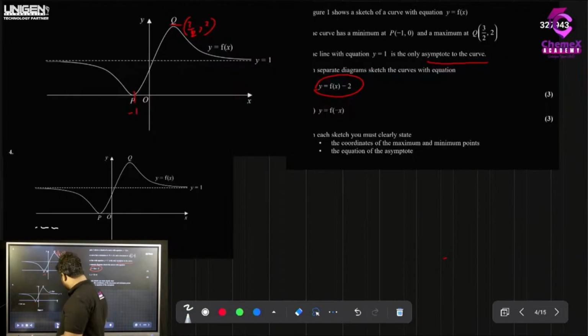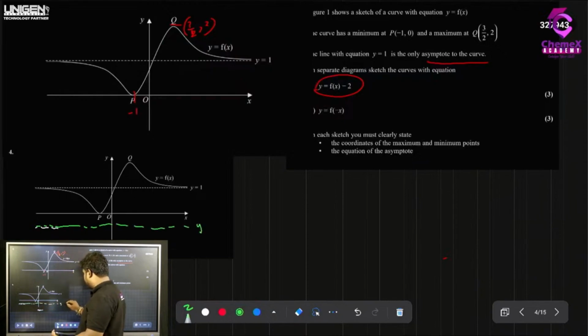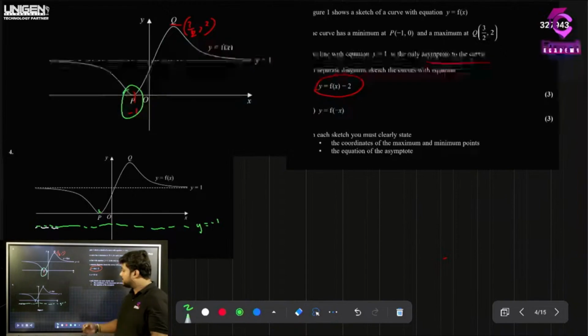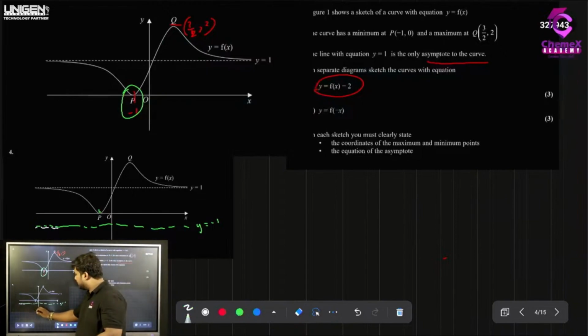I'll just take another color. It's easy for you to understand. This is y equals -1. Okay. Then where will this point go? It's at 0, no? 0 minus 2. So it will go from -2. So the asymptote will come like this.